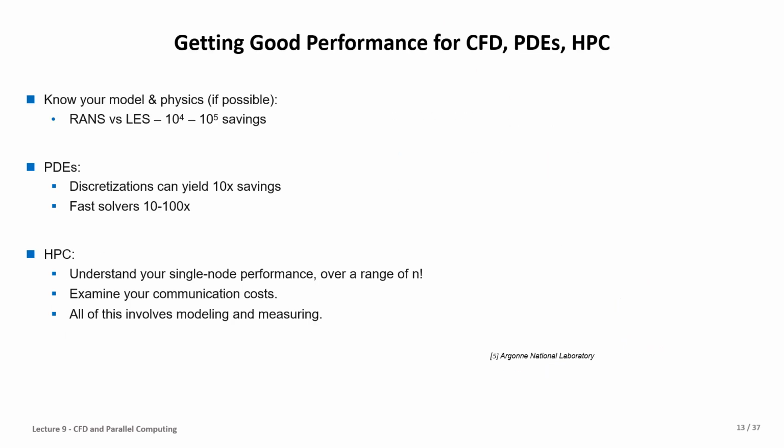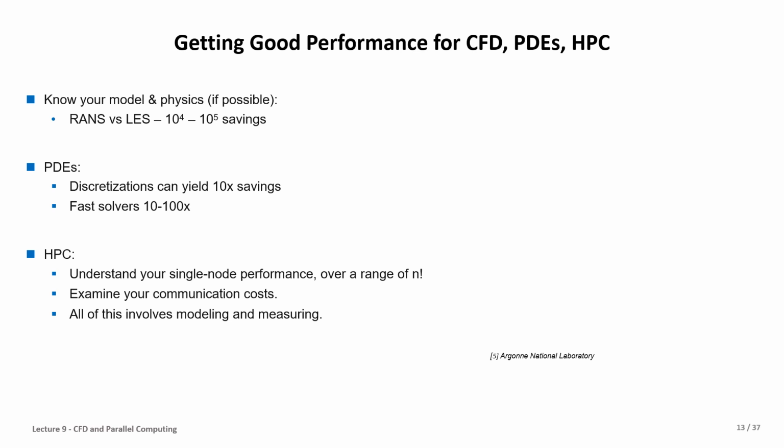From these few examples and the talk about the turbulence flow, then the available numerical methods, we can understand now if we can apply RANS instead of LES, we can save 10 to the 4 to 10 to the 5 times cost.